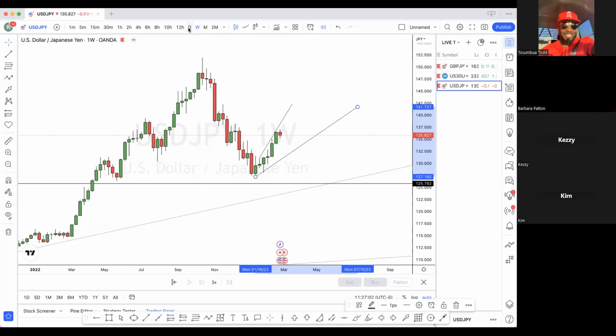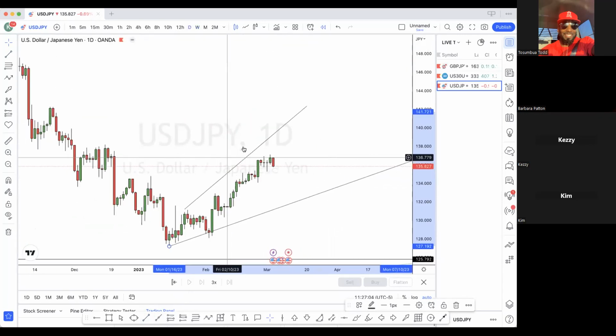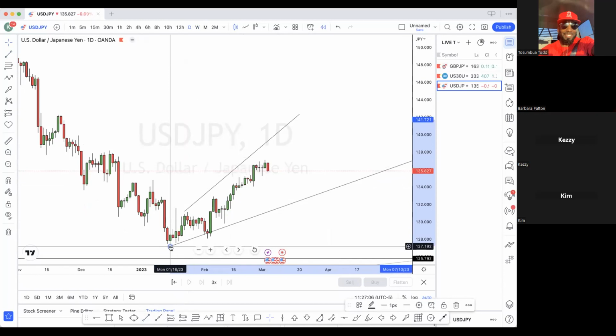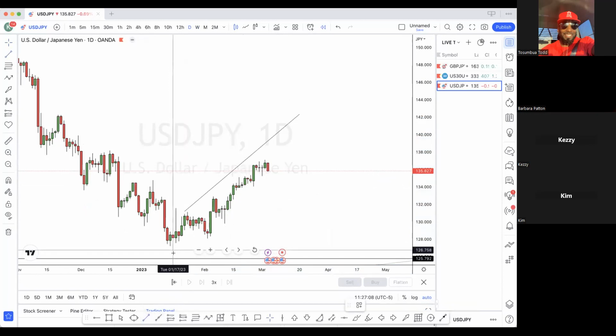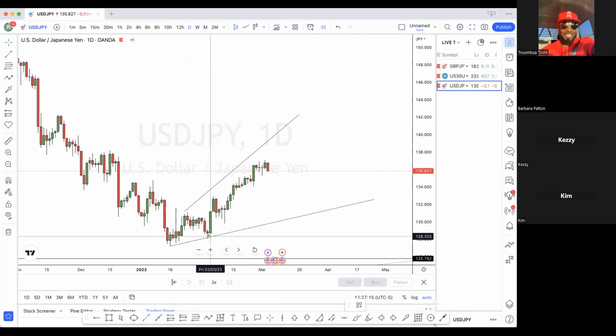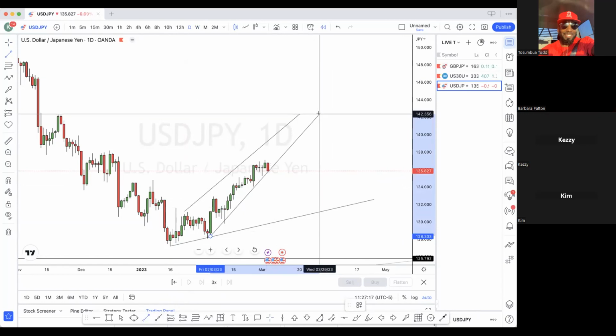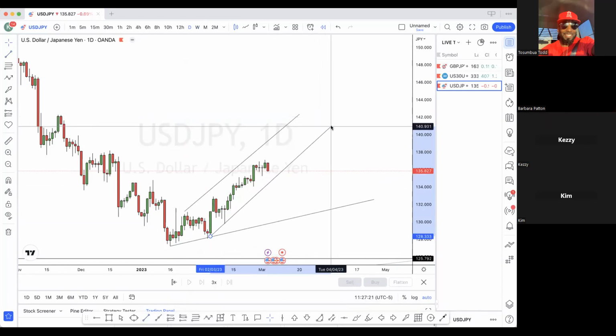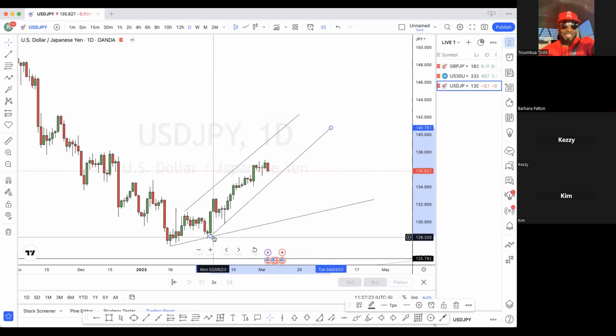So I'm gonna go down to the daily because I need a little more structure to refine my trend lines, right? So as of right now, what I do is I just go from the swing lows, since this is bullish right now.